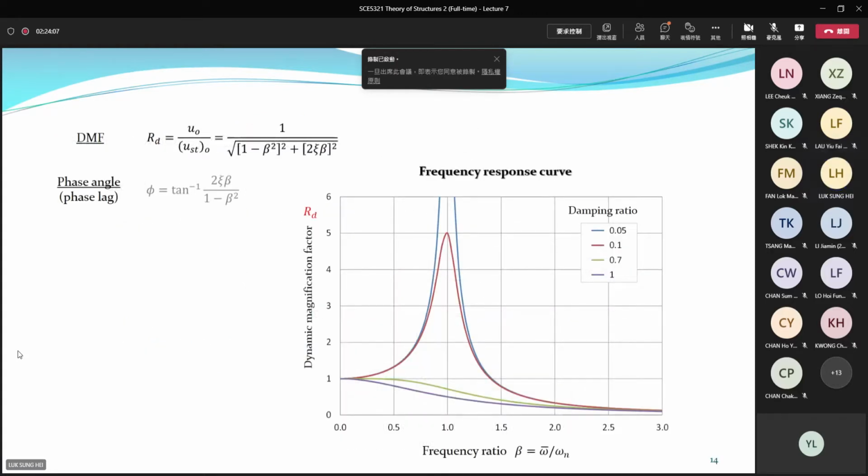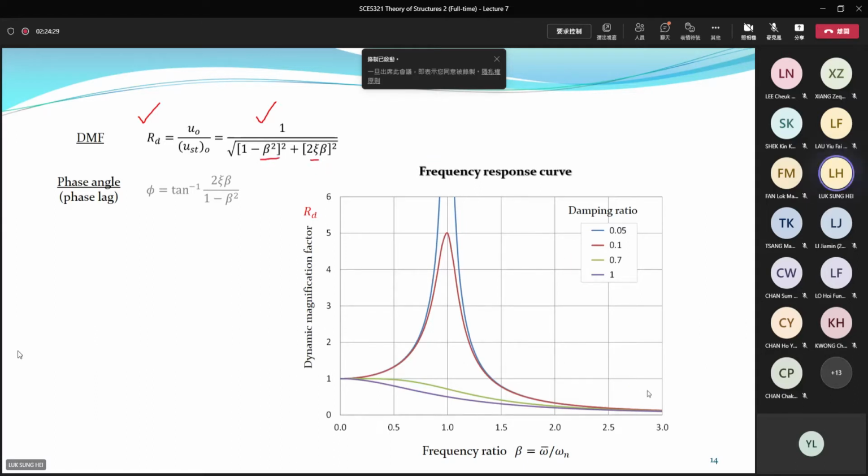After some illustrations, let us go back to the equations. RD, we call it dynamic magnification factor. It can be calculated using these equations. It depends on beta, and depends on damping ratio.